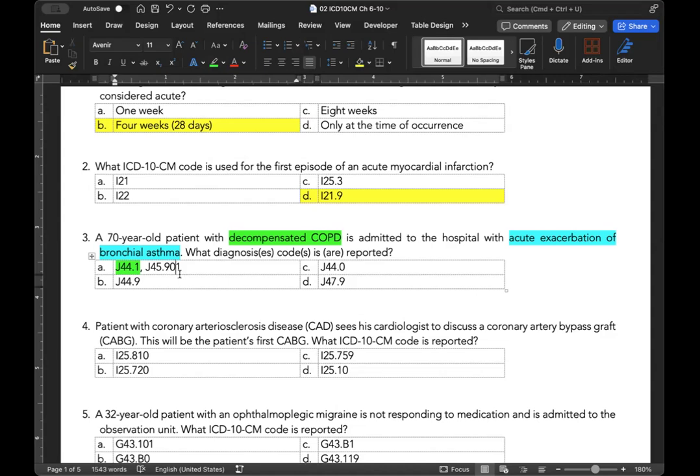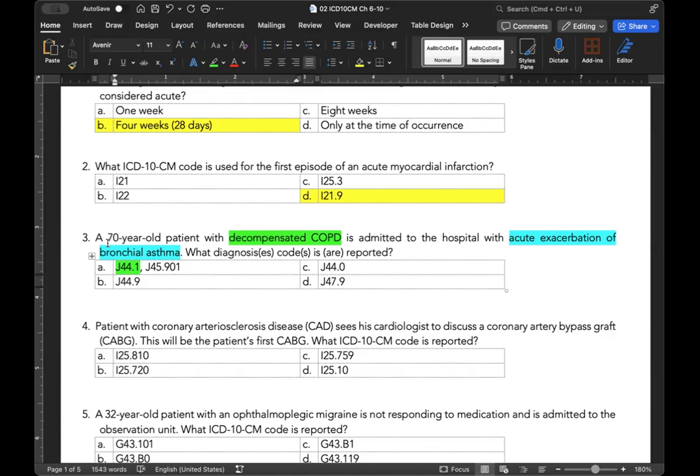And then we have a code also note at the top of our J44 category that indicates that we need to code also our type of asthma if applicable. So now we need to go back to our asthma and code the actual asthma code. Does that make sense?